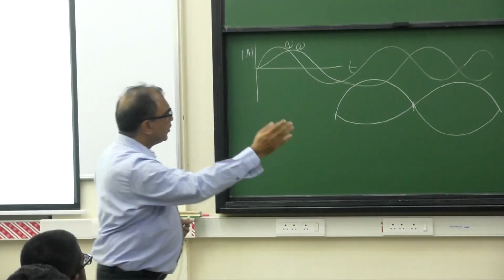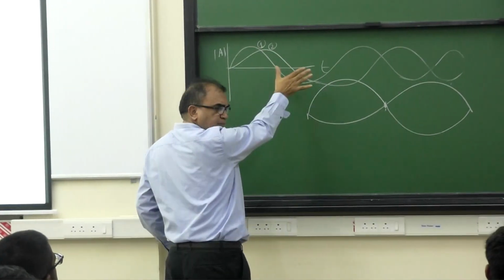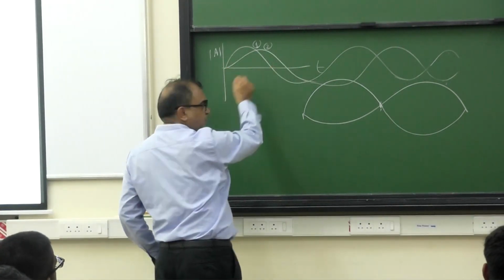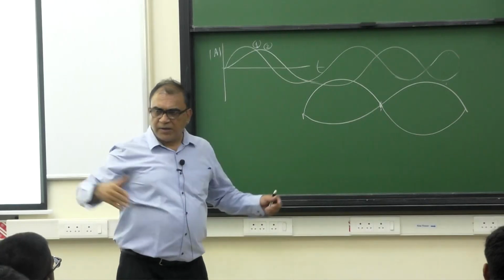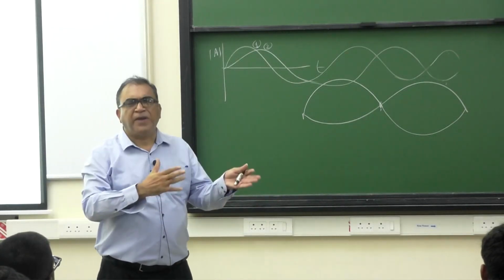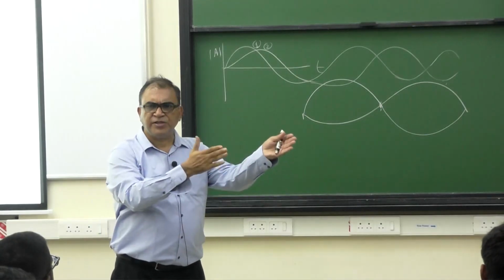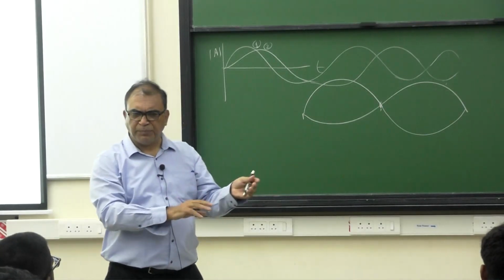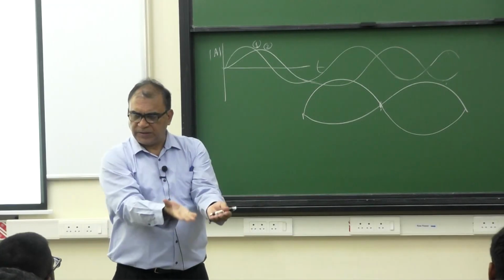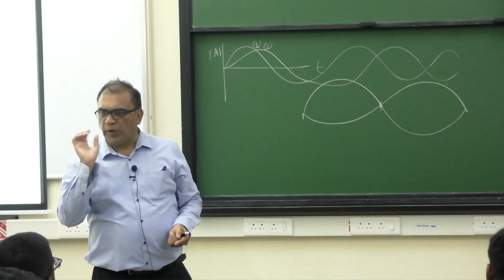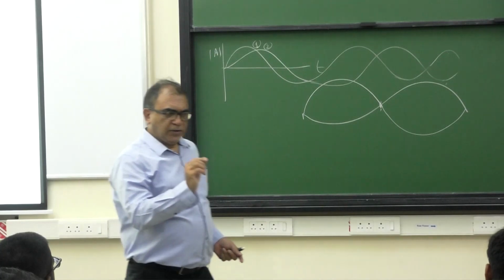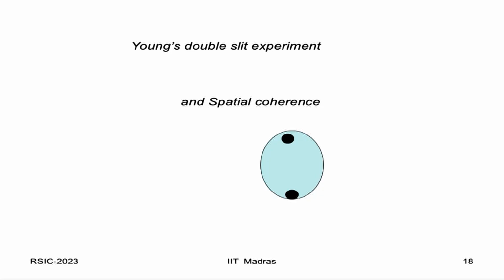But up to a certain point, they will have some phase relationship. When two waves are not exactly 100% in phase but keep some phase relationship, and don't completely go out of phase, that means they are coherent.